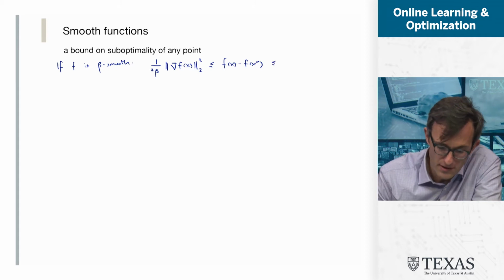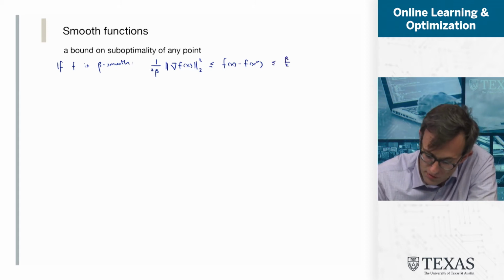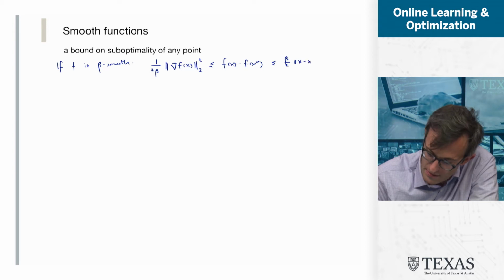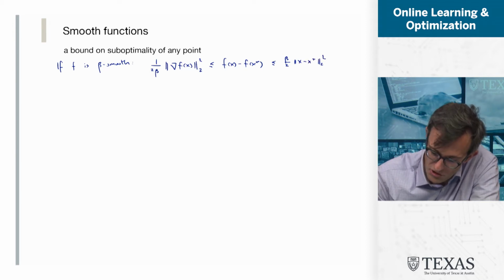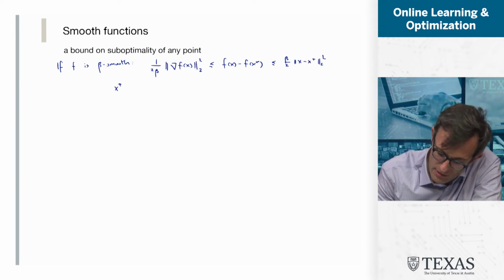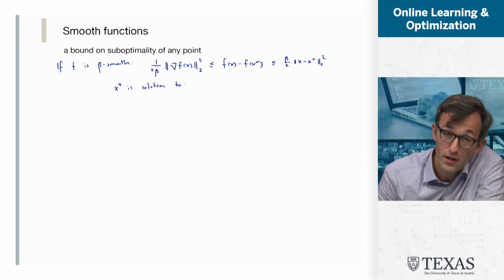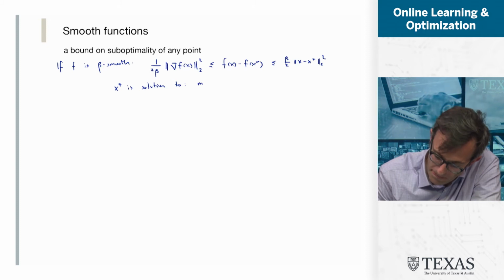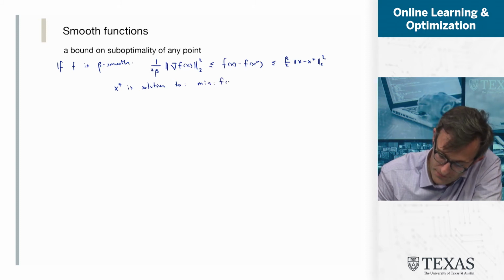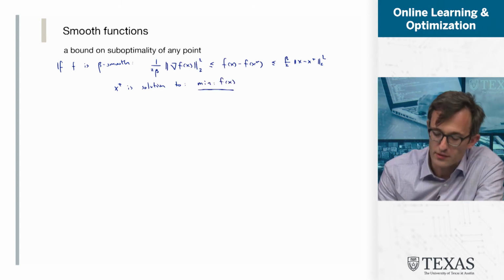And this is upper bounded by beta over 2 times the norm of x minus x star squared. And it should be clear here that x star is the solution to the unconstrained minimization problem: minimize f of x without constraints.